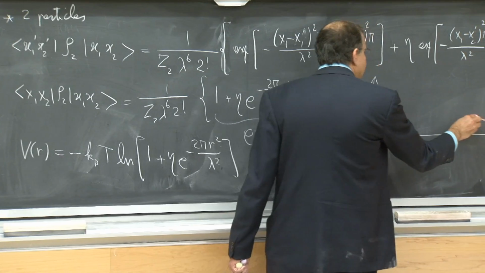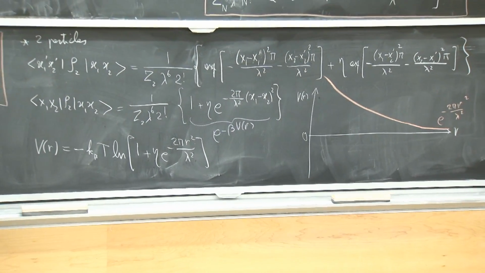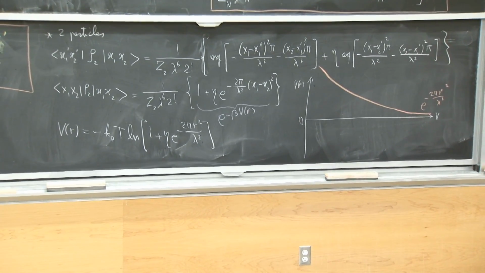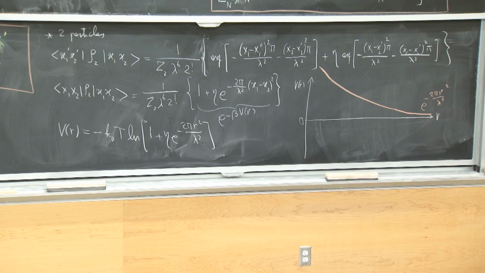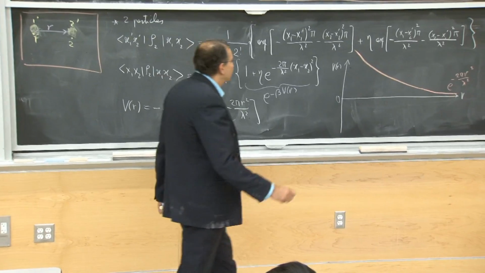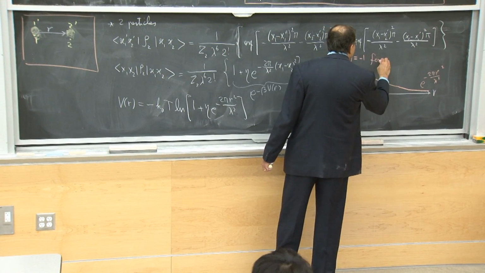So basically there is, if you like, an effective potential that says you can't put these two fermions on top of each other. So there is a statistical potential. This is for eta minus 1, or fermions.